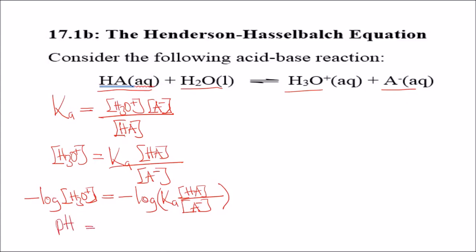So we can say that pH is given by, by laws of logarithms, minus log Ka minus log HA divided by the concentration of A minus.